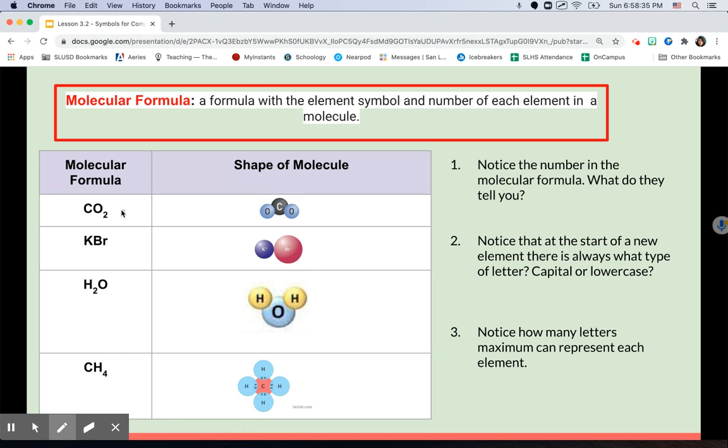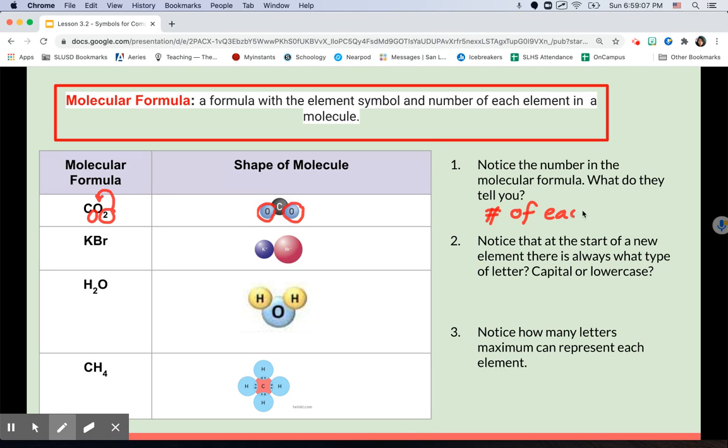Okay, so you might notice that next to CO2, there's a number 2, but there's no number next to C, right? And you might also notice that next to O, because there's a number 2, in the shape or the model of the molecule, you see two oxygens. So the numbers below just represent the number of each element you have.